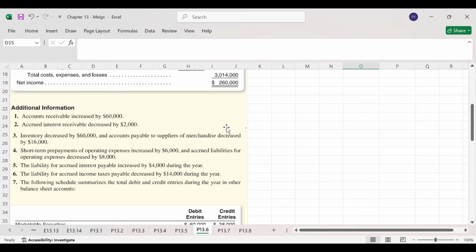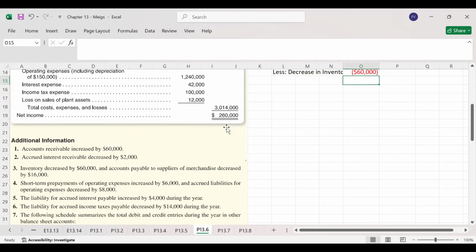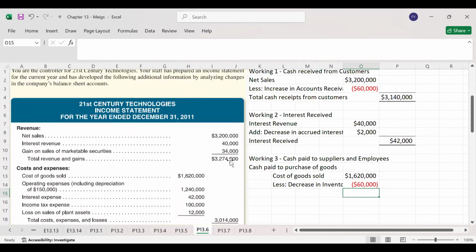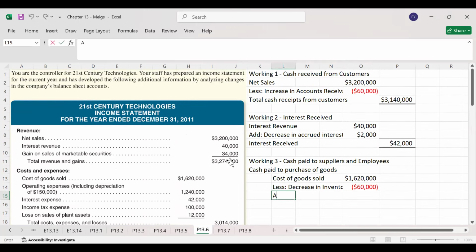So in order to calculate the actual cash paid for inventory, we simply add any decrease in accounts payable to the cost of goods sold. So 16,000 is the decrease in accounts payable, which we will add.